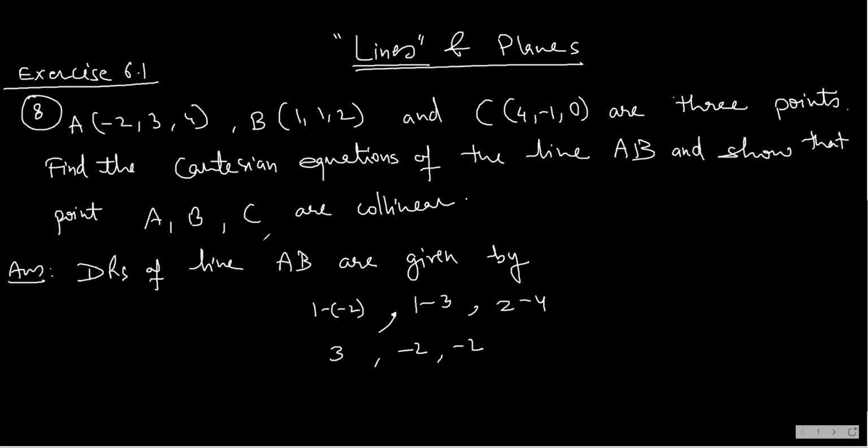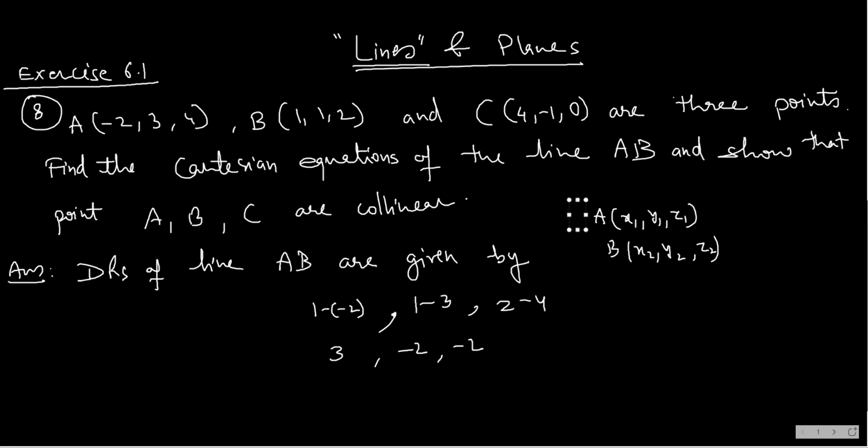Okay, this we have already done. If you have 2 points, then how do you get the DRS of the line on which the 2 points lie? If you have A as (x1, y1, z1) and B as (x2, y2, z2), then the DRS of AB is x2 minus x1, y2 minus y1 and z2 minus z1. Okay, remember.